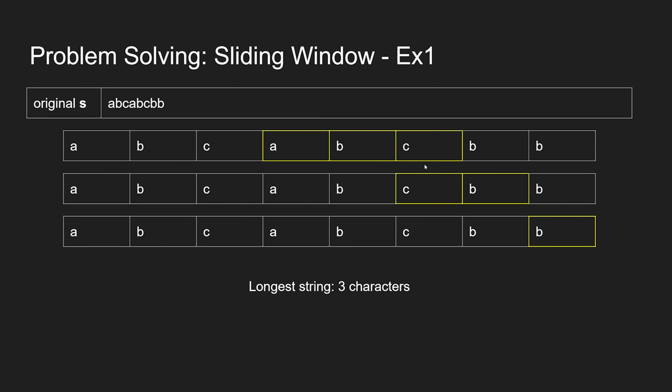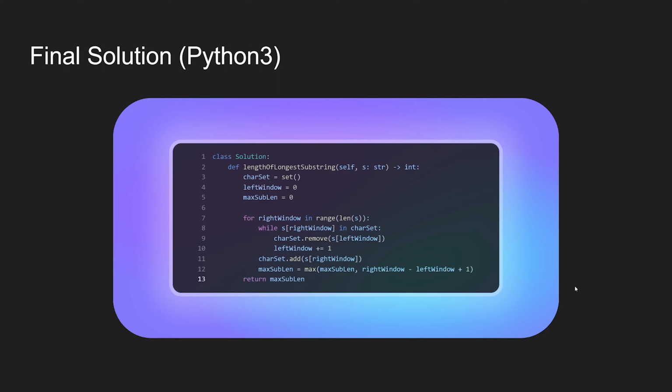As we update the window, we use the window length to identify the length of the maximum substring. We don't have to actually know that ABC is 3 characters, because we can just say the window is currently between 3 and 6, which is 3 characters. And then we just return it.